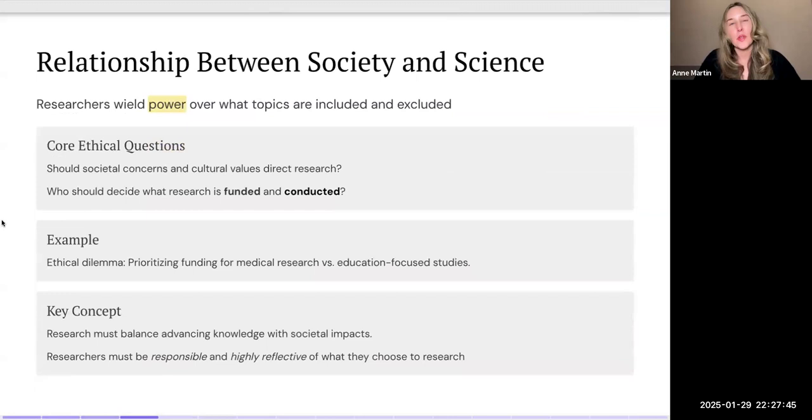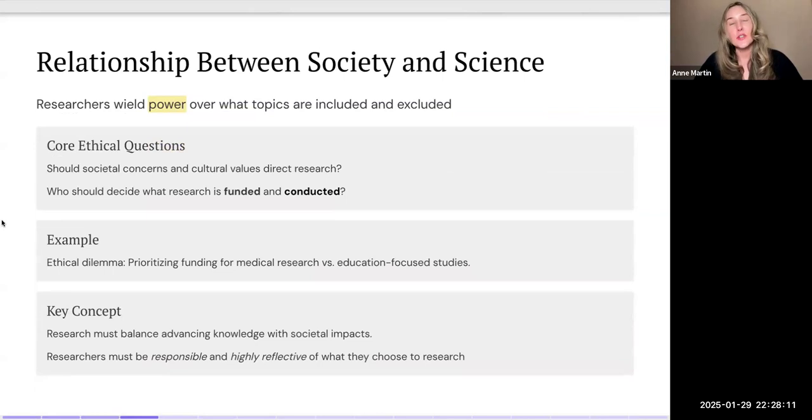When we think about the relationship between society and science, it's really important to think about the power that researchers have. Researchers are conducting research to add to our understanding, to our body of knowledge on a particular topic. That's a great responsibility, because it is a very powerful position to be in.